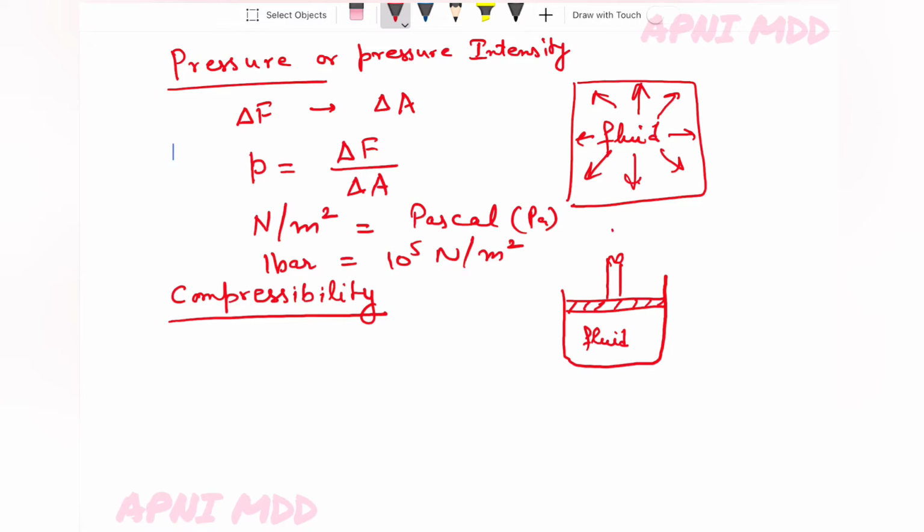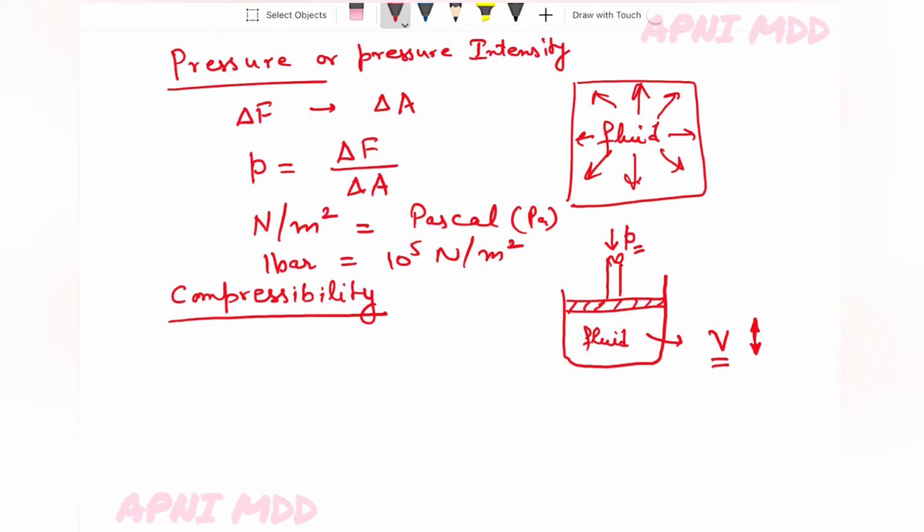Now say we apply pressure intensity P on this piston. Now when we apply this pressure on this piston, this volume changes. Okay, so the relative change in this volume per unit pressure, that we call as compressibility or coefficient of compressibility.